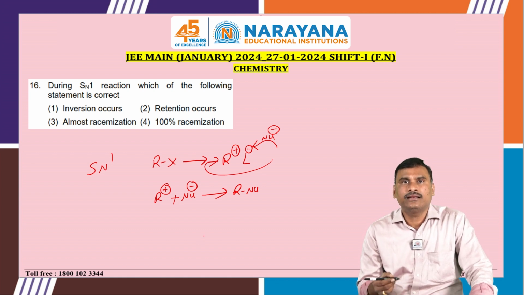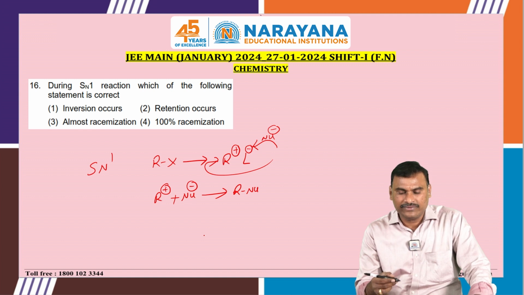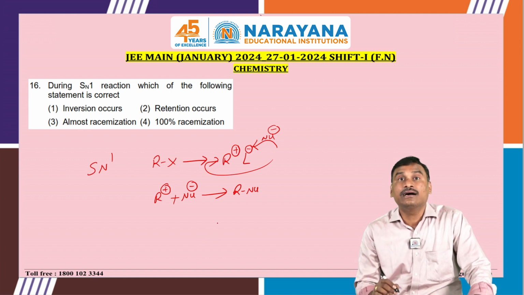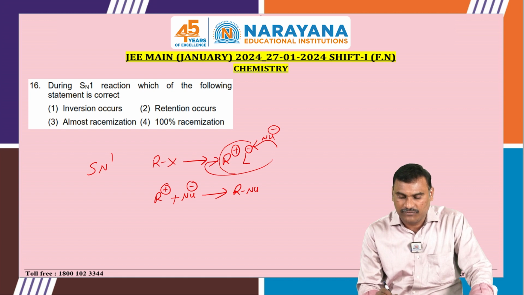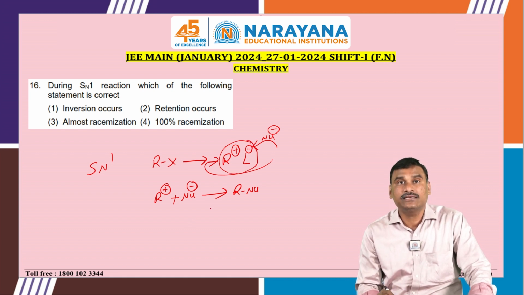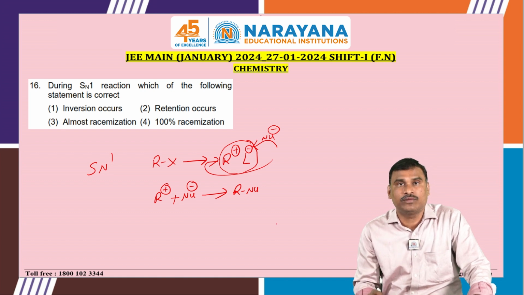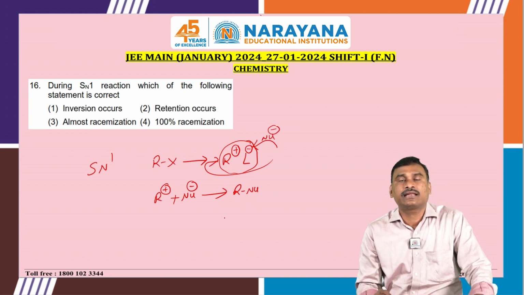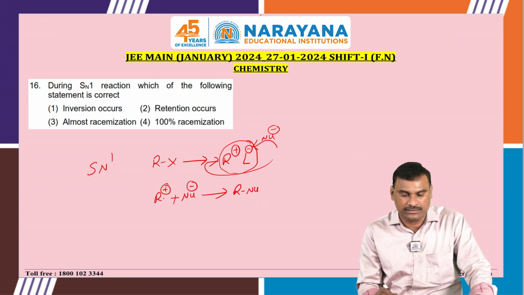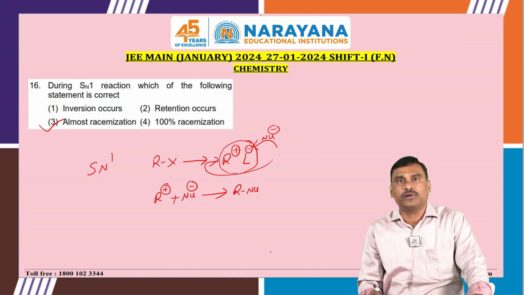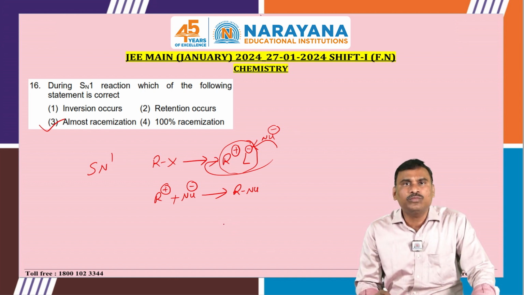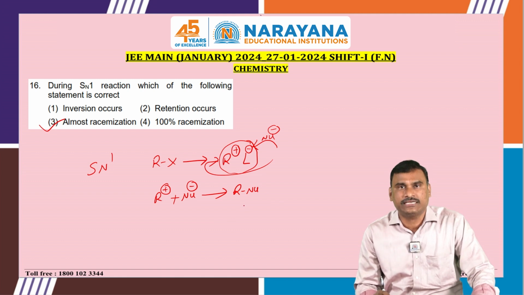Therefore, there is a little bit of inversion of configuration rather than retention because of the formation of this ion pair. Since not all carbocations are stable enough, even in an SN1 reaction with carbocation as intermediate, inversion of configuration is slightly greater than retention. Therefore, 100% racemization is not possible in all SN1 reactions. Almost racemization is possible. That is why we say almost racemization but not 100% racemization.